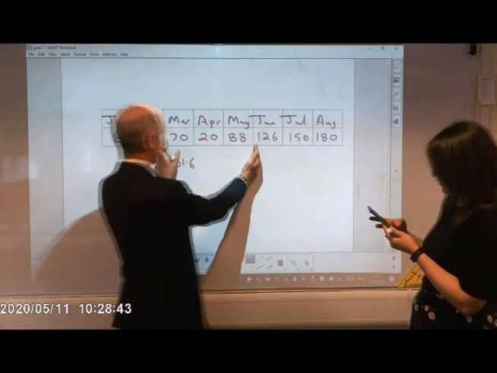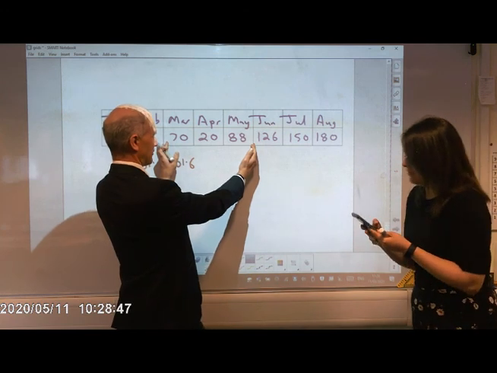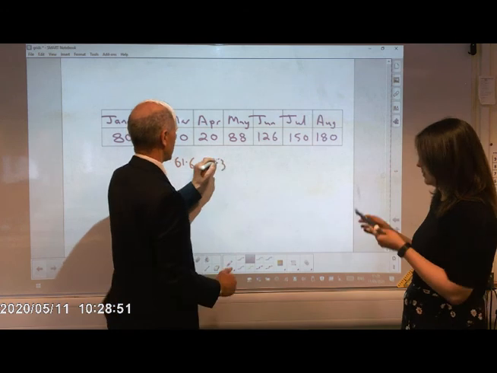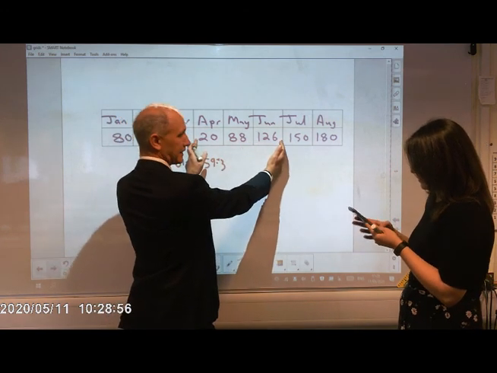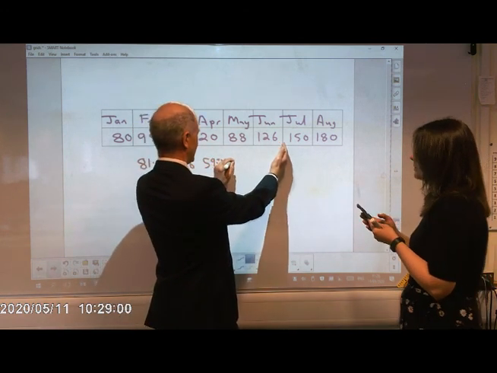Move along one more. 70, 20 and 88. Add them up, divide by 3. 59.3. Then 20, 88 and 126: 78.